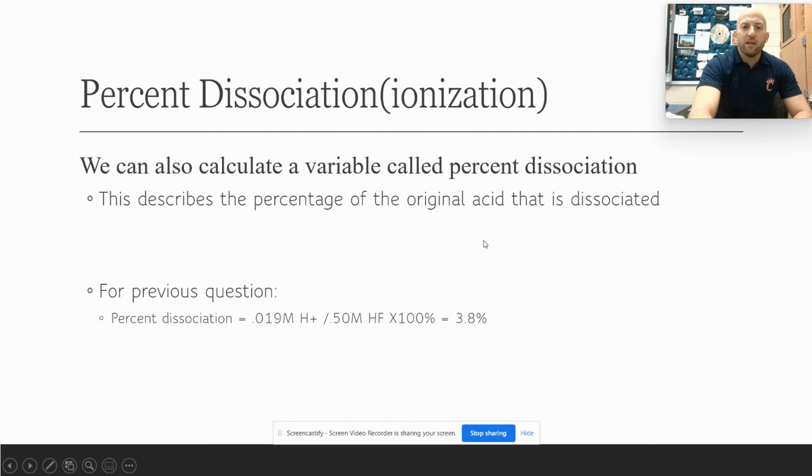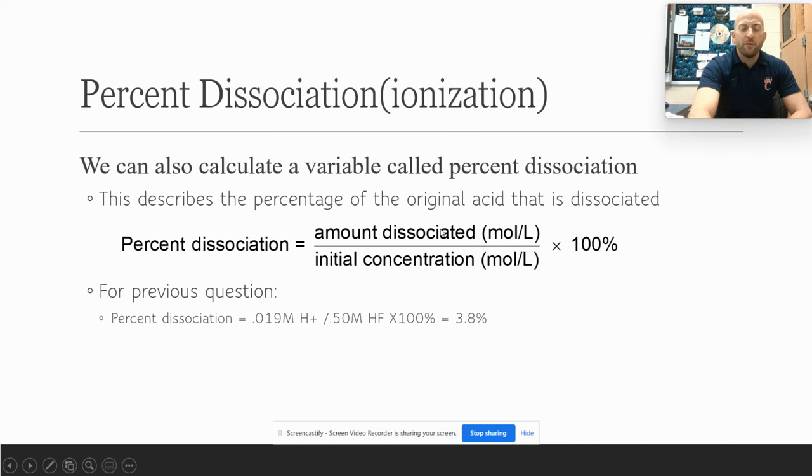So if we're looking at something called percent dissociation, or how much of it ionizes, we can calculate another variable with this. Okay, so if we had 0.019 molar over our original times 100. So this is like calculating your grade, right? So you have so many right over your original, which would be like 100, and you multiply that by 100 to get whatever your percentage would be.